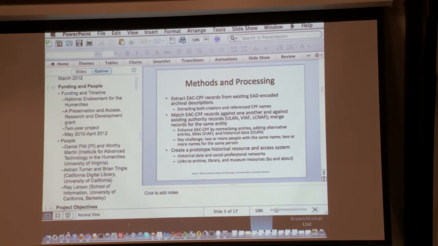The processing that we're engaged in here is done in 3 steps. The first of which is done at Virginia, the second at Berkeley, and the third at the California Digital Library. What we're doing is extracting information, the names, and when we can, the description of people, either as corporate bodies, persons, or families, from the archival description, and assembling that into Encoded Archival Context CPF records.